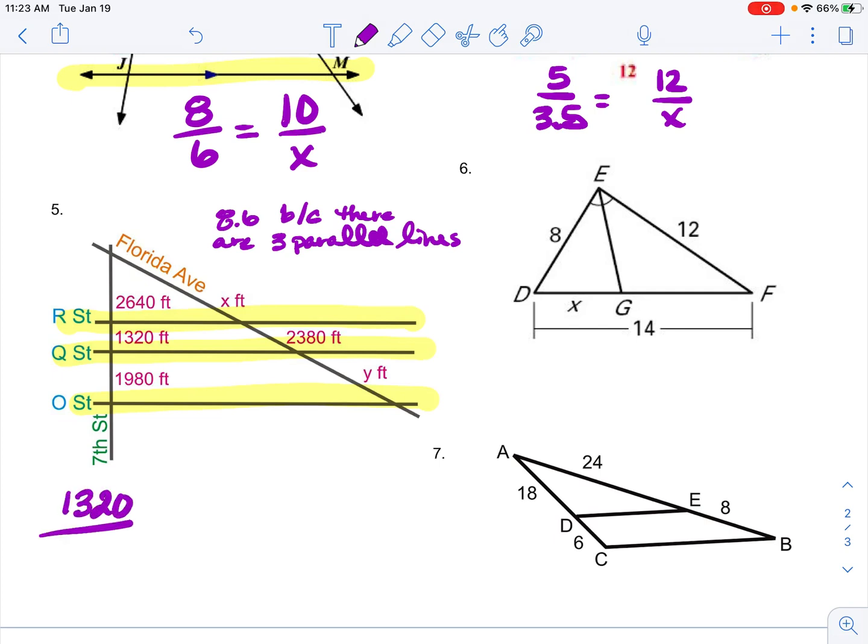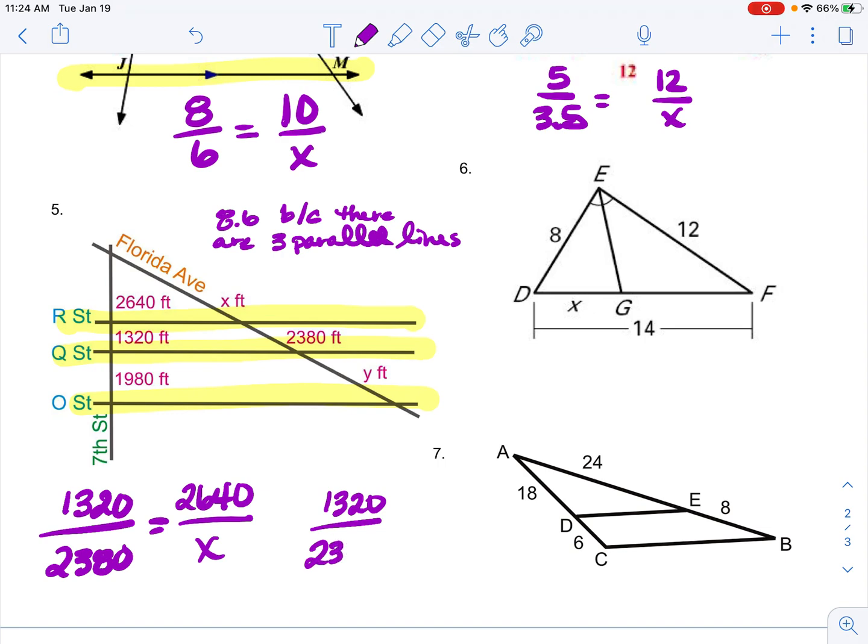So I'm going to set up the first one with 1320 over 2380. Well, I've got the piece for x. So 1320 matches up with 2640. So 2380 is going to match up with our x.